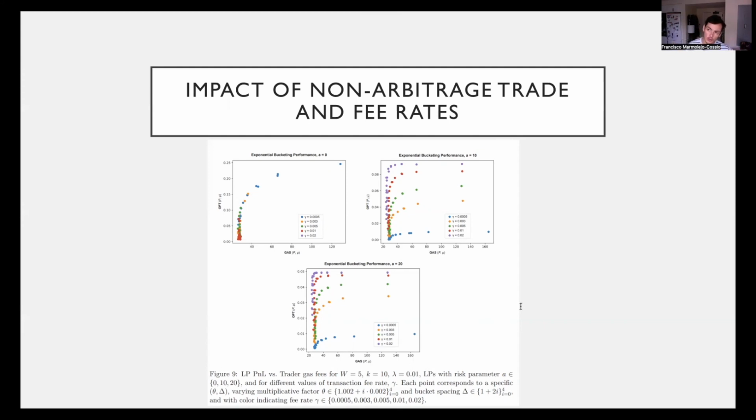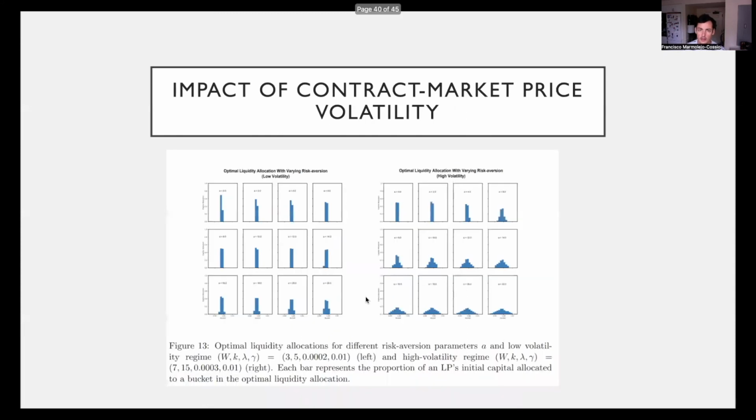Because if they're lower, you get more trades, and if you get more trades, then you might get more fees. And if you get more trades, you might have more liquidity. So really, this is a very complicated interplay. But we see as risk aversion increases, we have a larger striation of at least the performance of different contracts with respect to different fee rates.